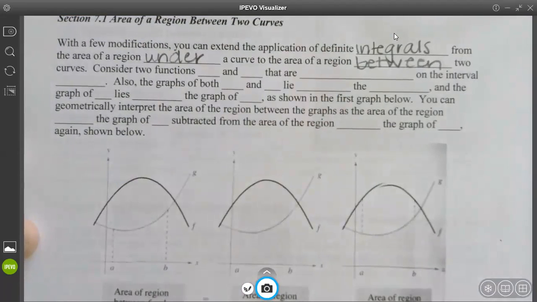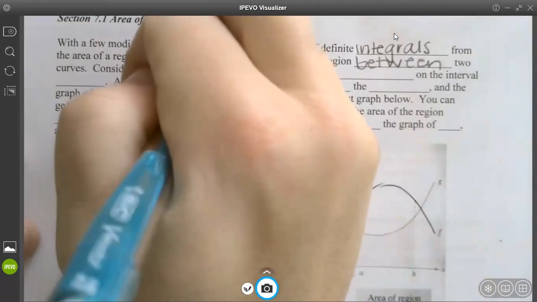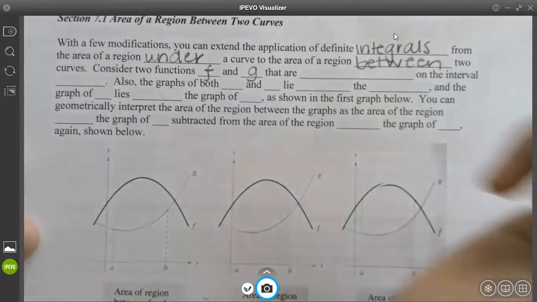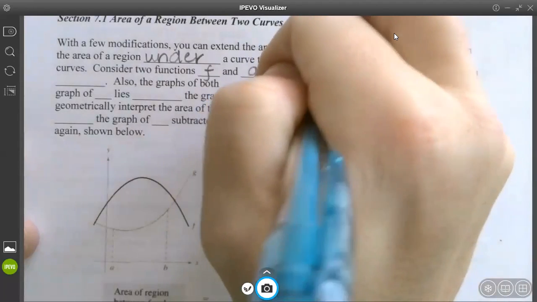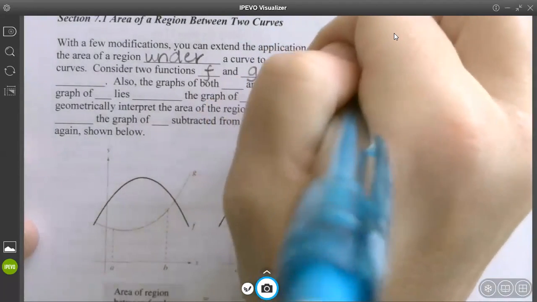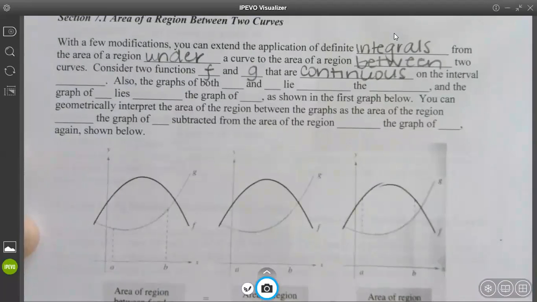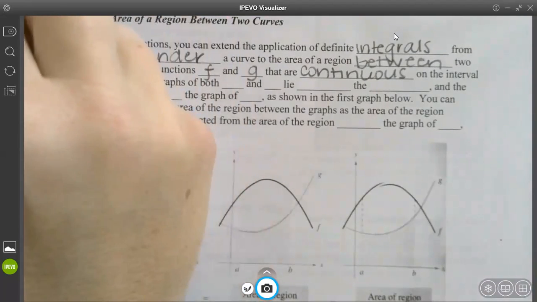Consider two functions f and g that are continuous on the interval a to b.